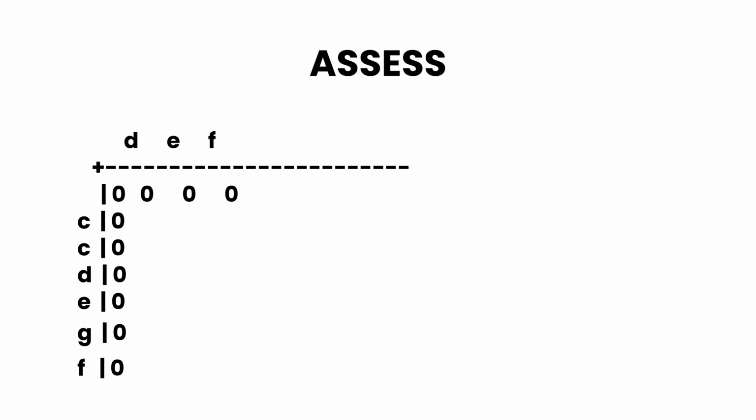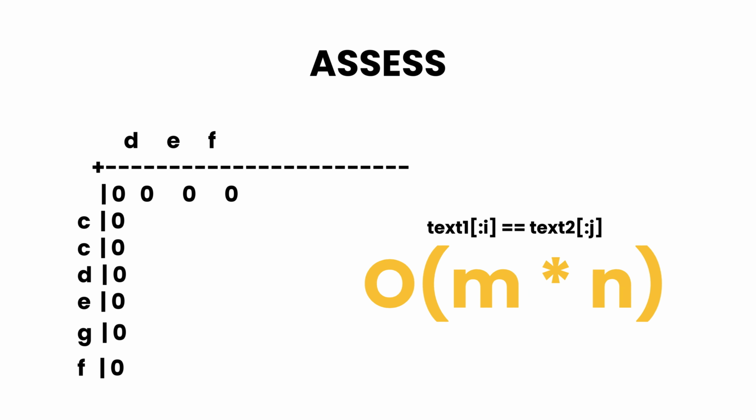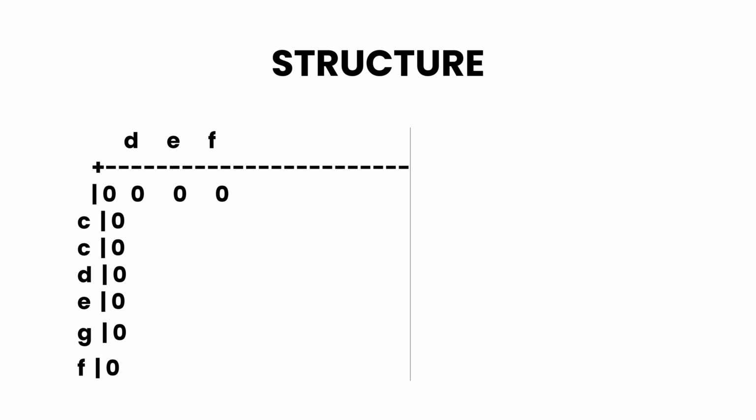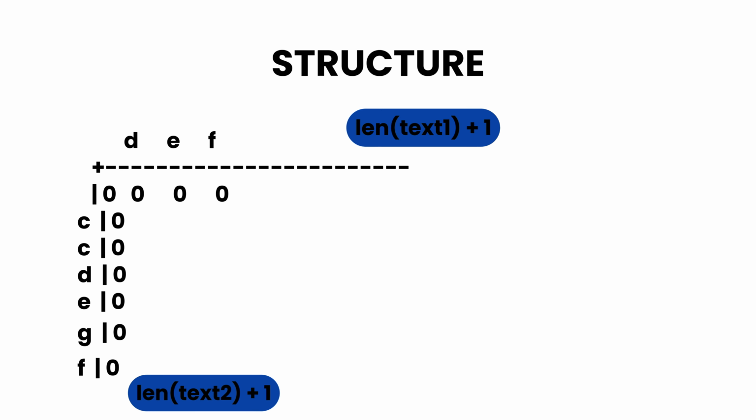By building a DP table where each cell dp[i][j] represents the length of the LCS for text1[:i] and text2[:j], we can reuse previous results and solve the problem in O(m times n) time and space. Here's the plan. Create a DP table of size (len(text1) plus 1) times (len(text2) plus 1), filled with zeros.